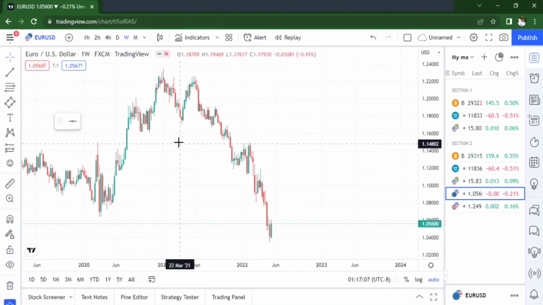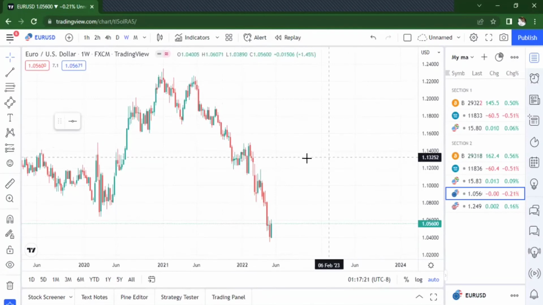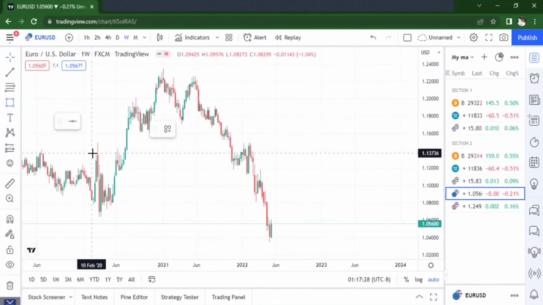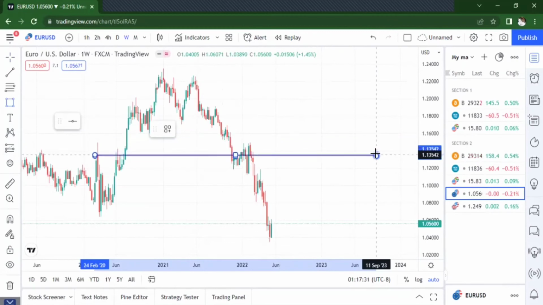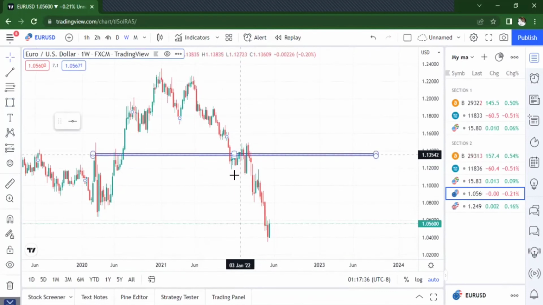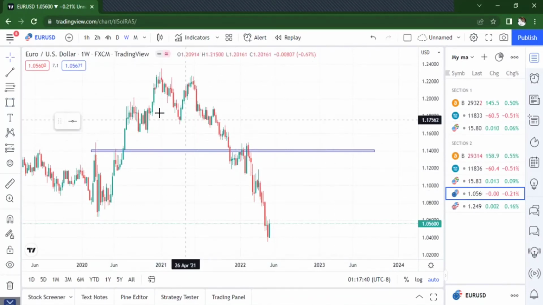I remember when I saw Euro USD, it was around this place. I knew that once it broke here, the next target was here. How did I know?